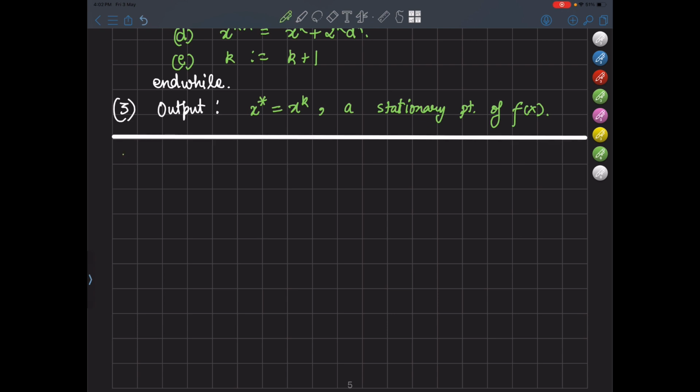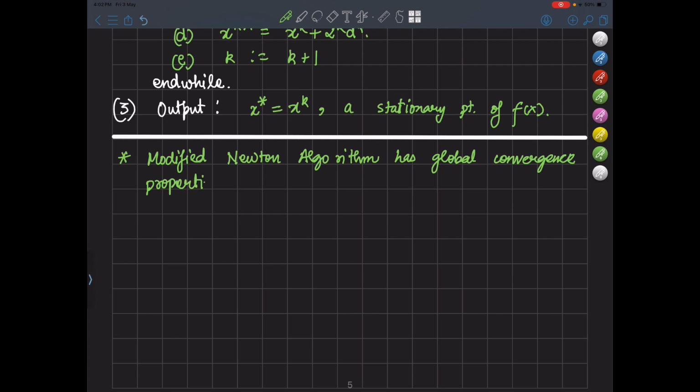The modified Newton algorithm has global convergence properties and has order of convergence equal to 2.